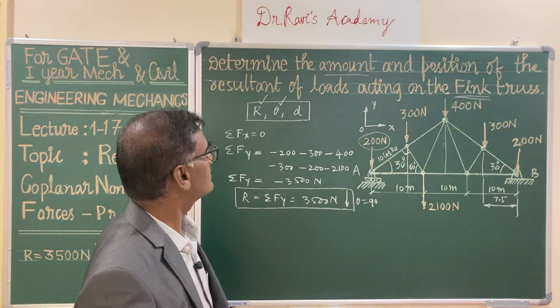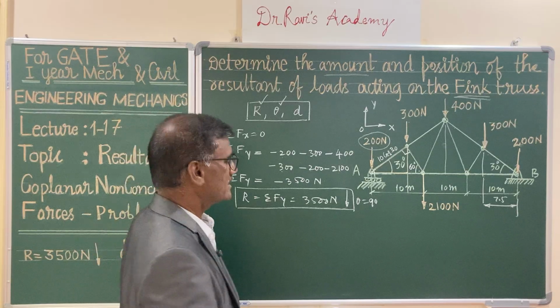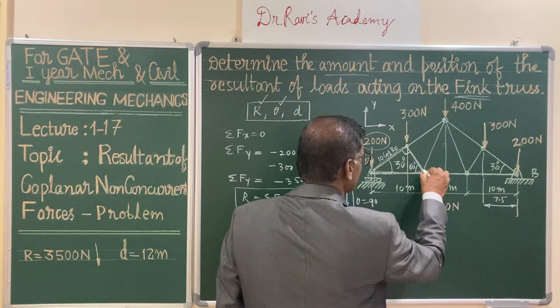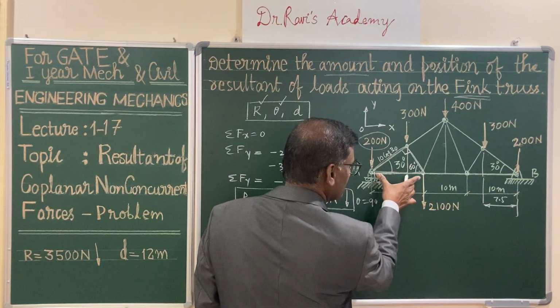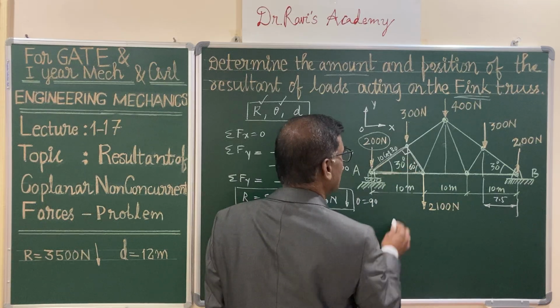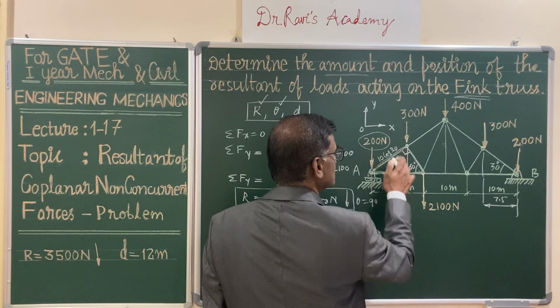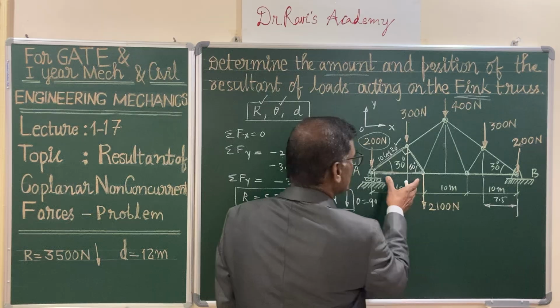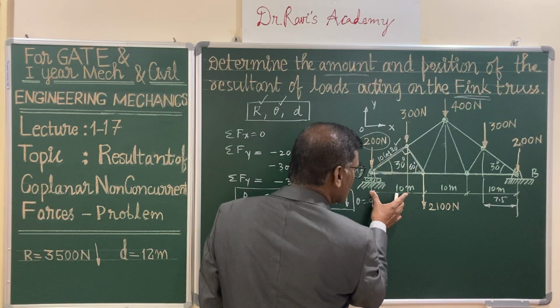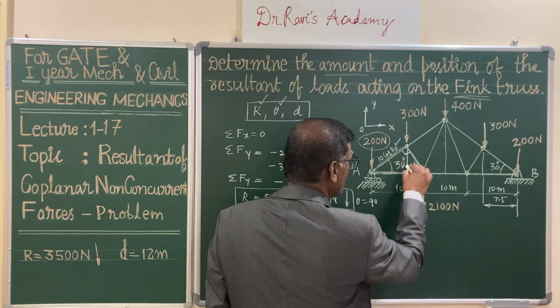In order to find out the position of the resultant force, let us observe carefully from this right triangle. From this right triangle, this length is given as 10 meters. This is the hypotenuse of this right angle triangle, and the projection of this on this is 10 cos 30. And again, we would like to calculate the moment for this particular force.